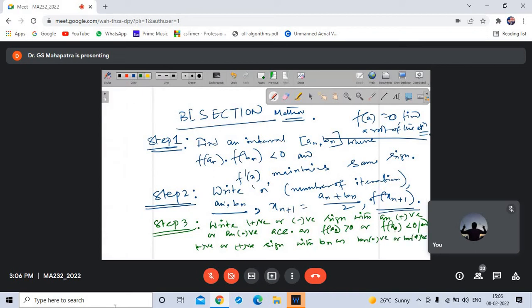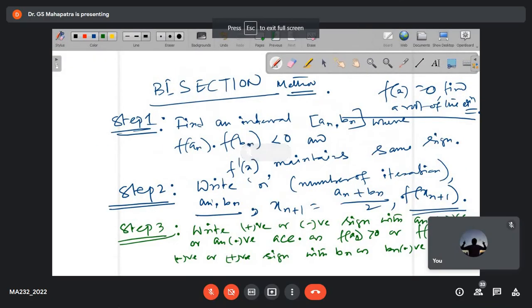You can write a naught or b naught also. Accordingly, as f of b naught less than 0 or f of b naught greater than 0.